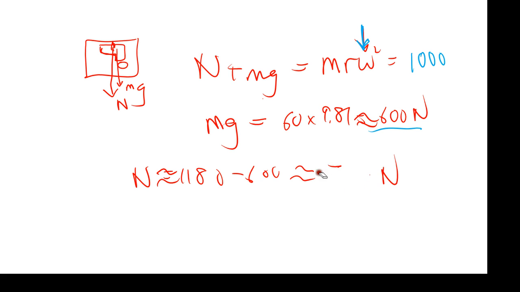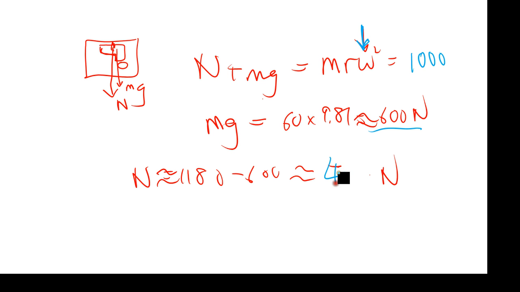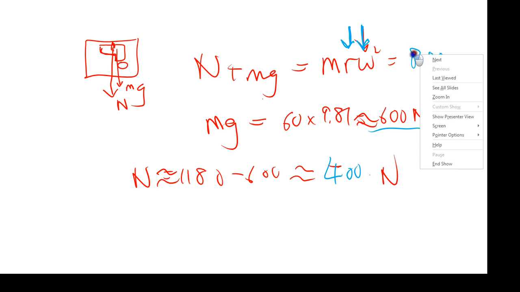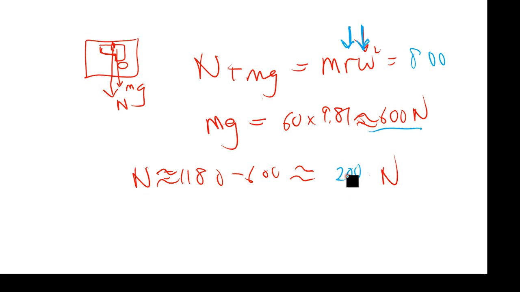So what's the contact force? It becomes 400. Agree? Can I slow it down further? Let's say I slow it down to 800. What will your contact force be? It will be 200. Is it still in contact?